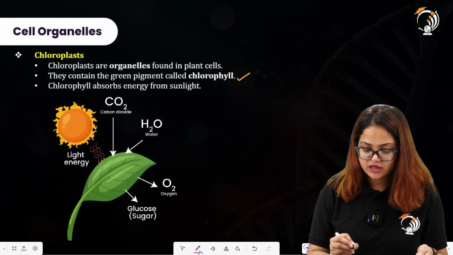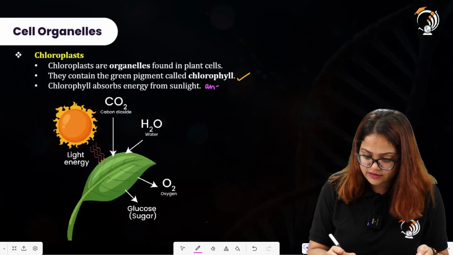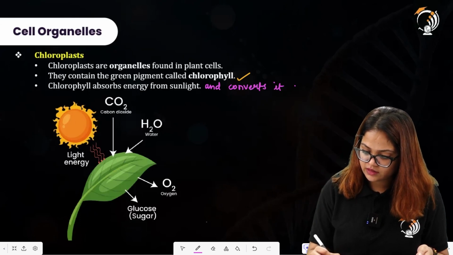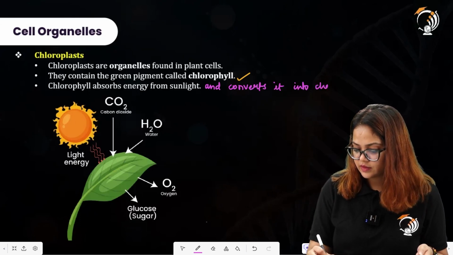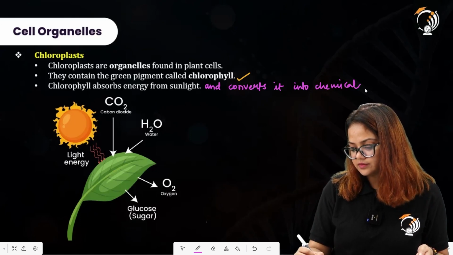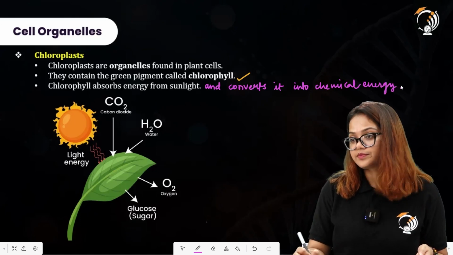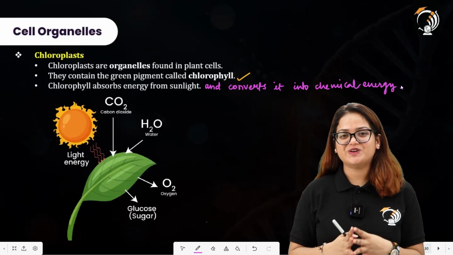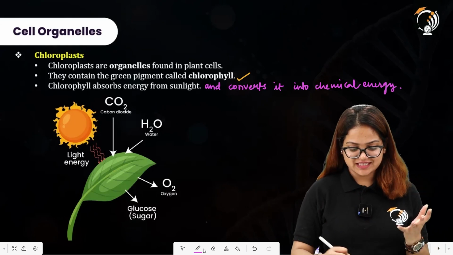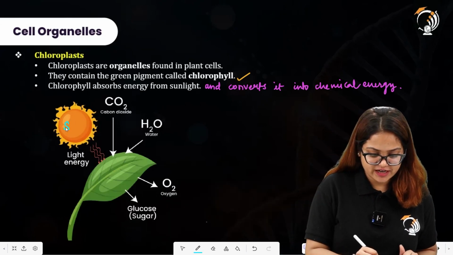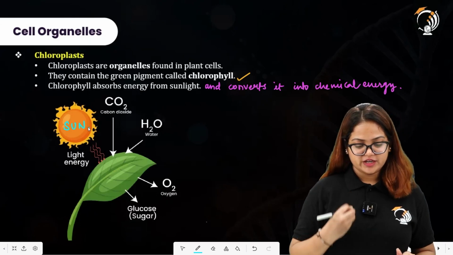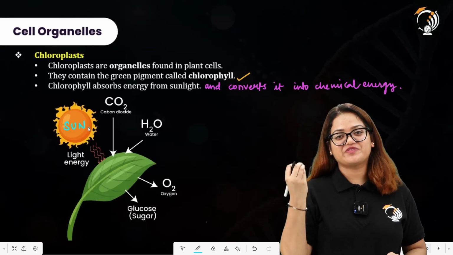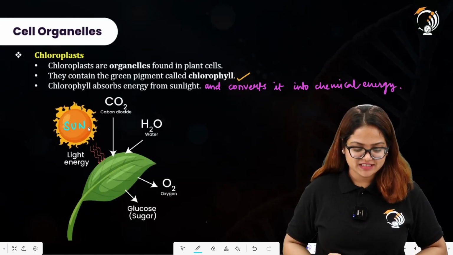Chlorophyll absorbs energy from sunlight and converts it into chemical energy. So we have the light energy, and the source for light energy is, you can guess, the sun, the ultimate source of energy. You can observe many questions coming directly from this statement, asking what the ultimate source of energy is. That is the sun.